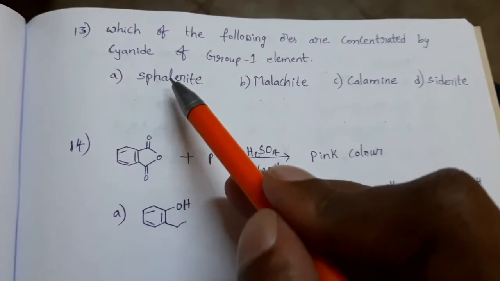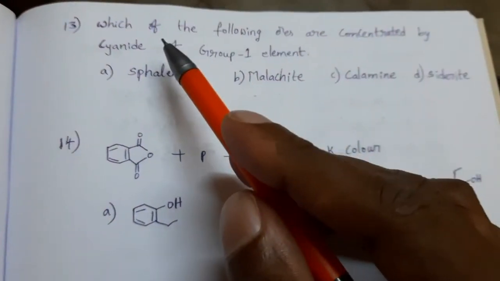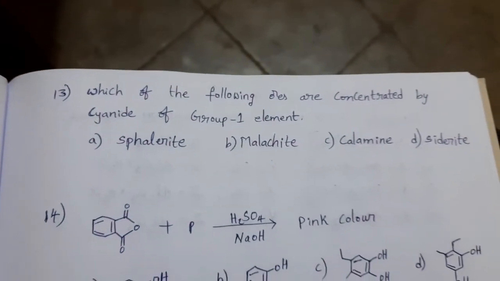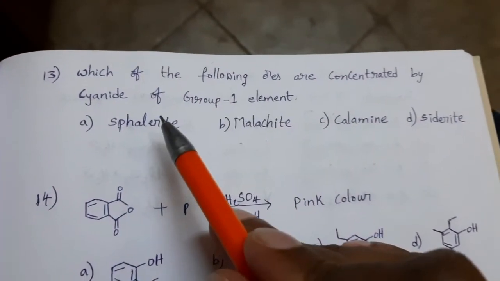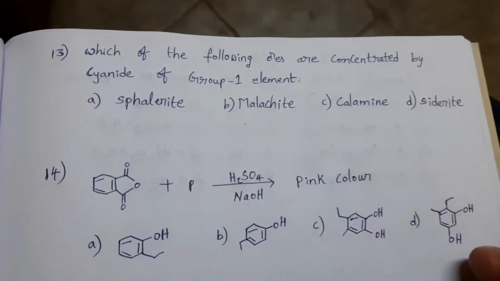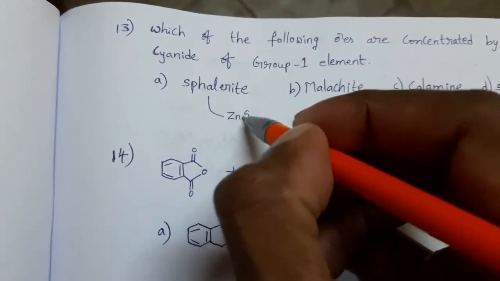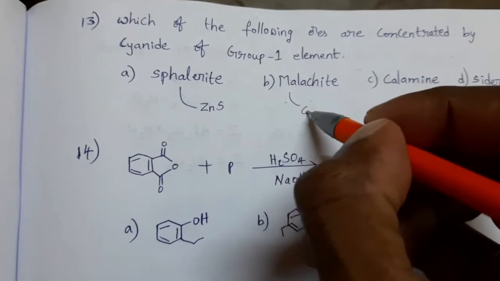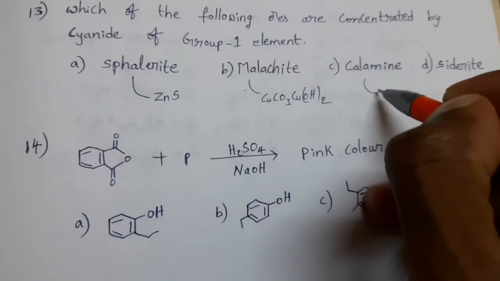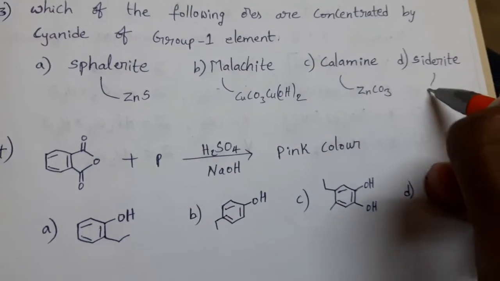Now the options are sphalerite, malachite, calamine and siderite. Generally the cyanide process, the concentration method by cyanide, is used for sulfide ores. In the given options, the molecular formulas are ZnS, CuCO3 with Cu(OH)2, ZnCO3, and Fe2O3.